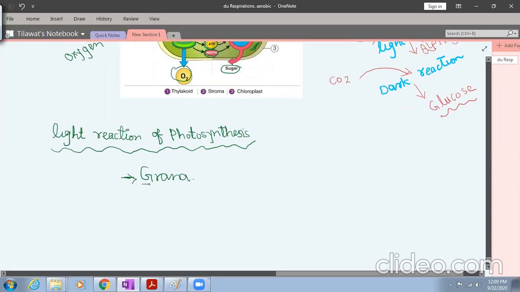And in light reaction of photosynthesis, actually there are 2 pathways. These are not steps, 2 pathways.